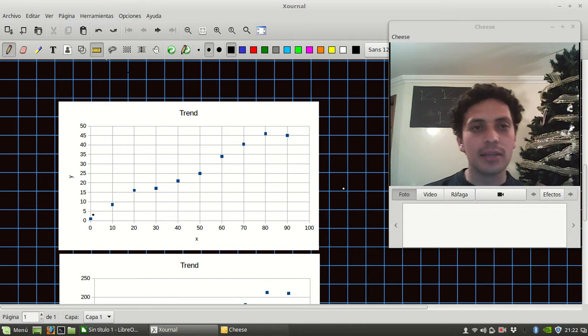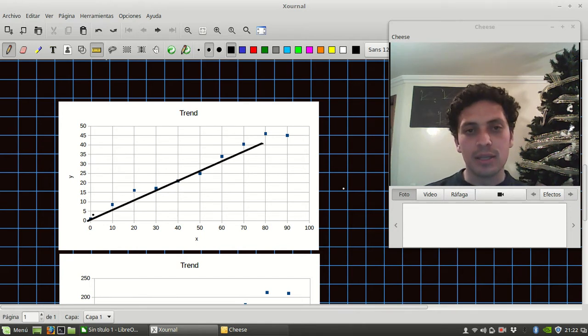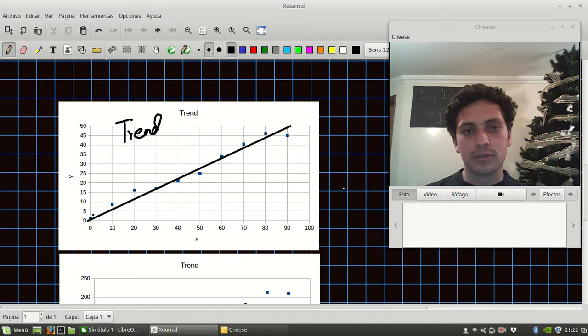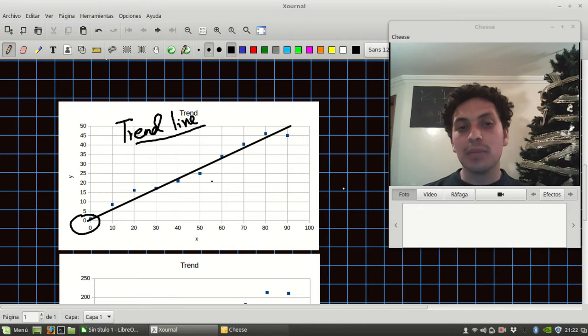Maybe this line, or maybe this line. So this is called the trend line. In this case, you can see that the trend is linear, but not only linear, it also crosses the origin. So it means that this trend is a directly proportional trend.